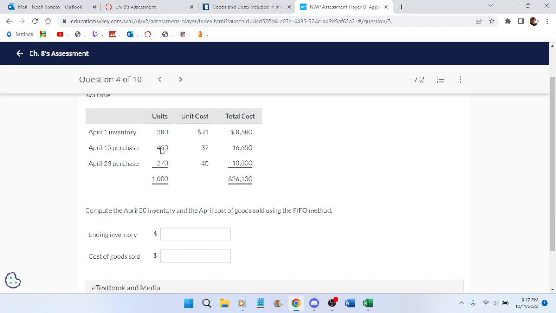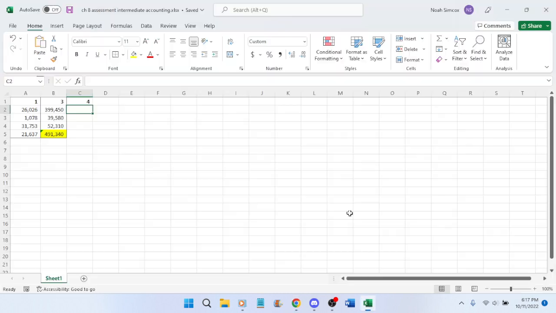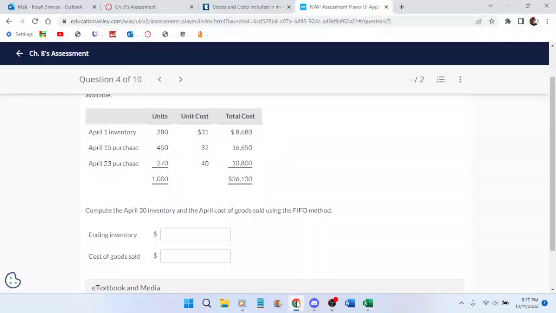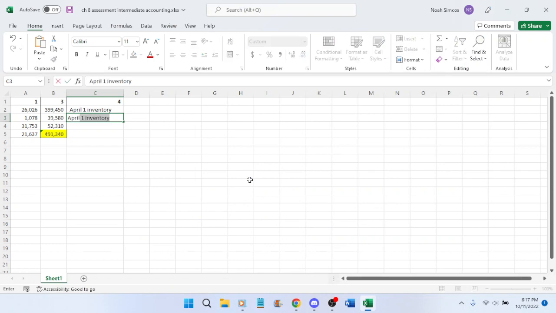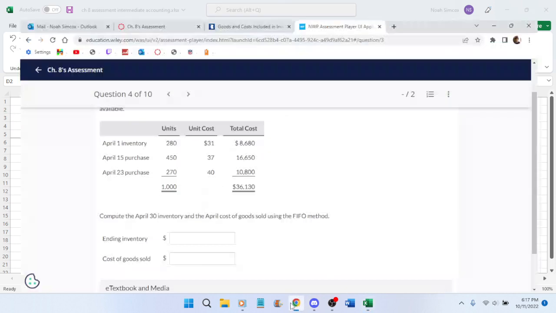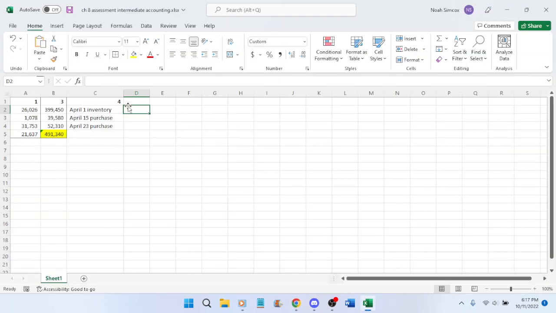So, April 1 inventory. April 15 purchase. April 23, 2023 purchase. And then we want units up here.